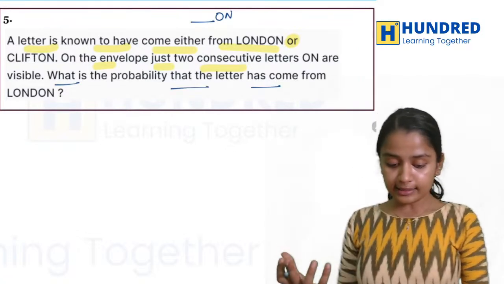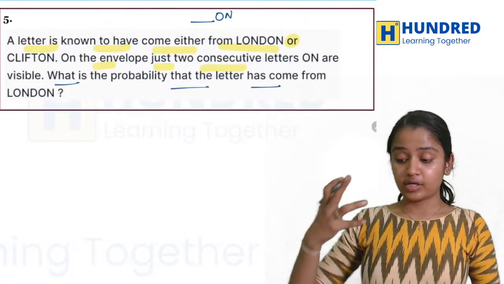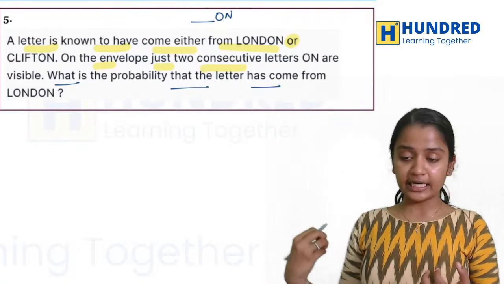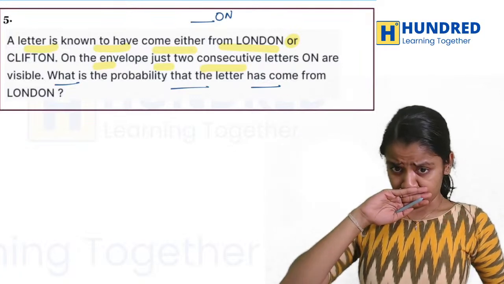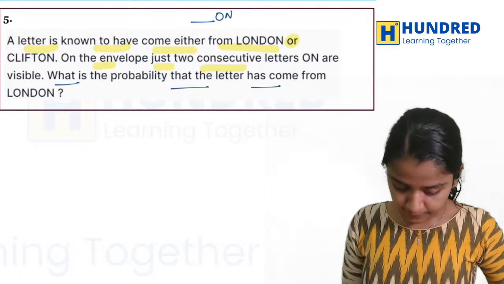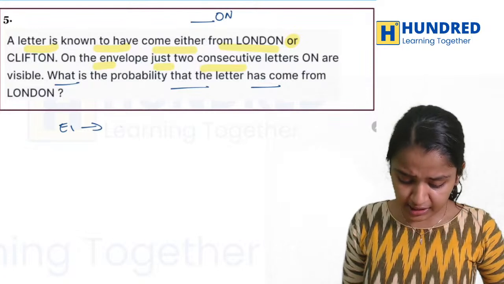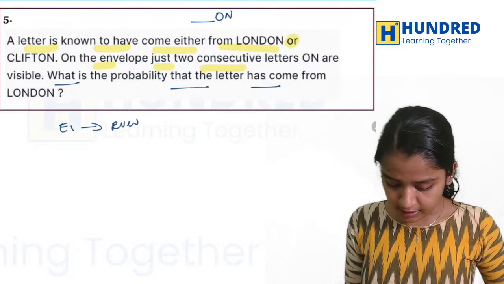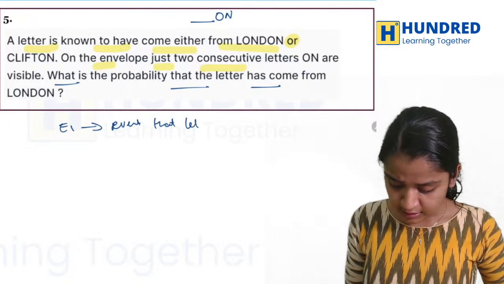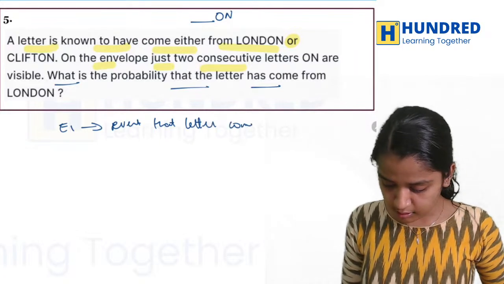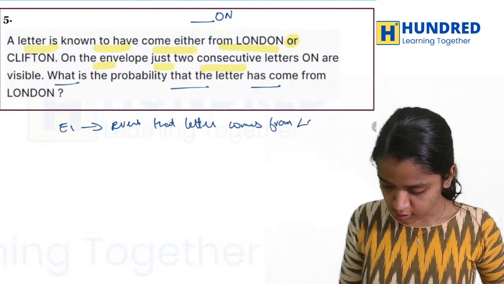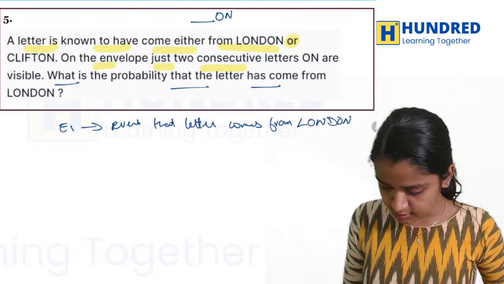So the letter is being taken from the word London. Okay? So the event E1 is the event that letter comes from London.